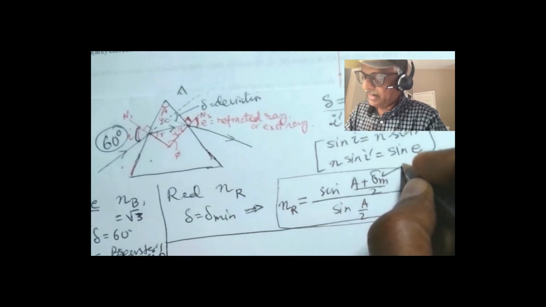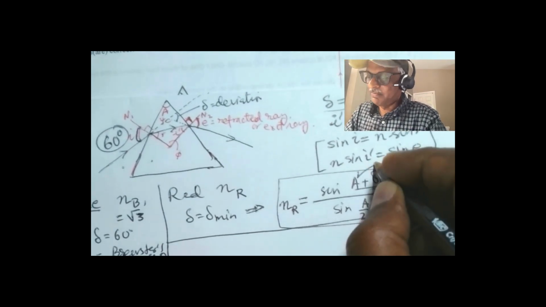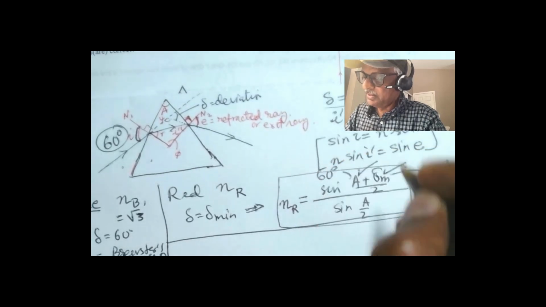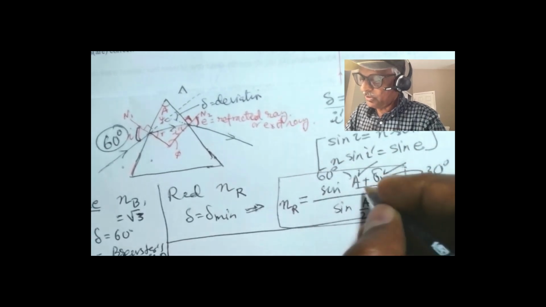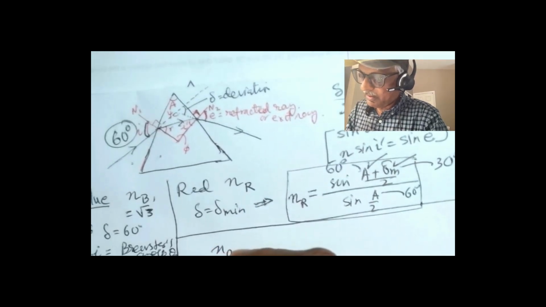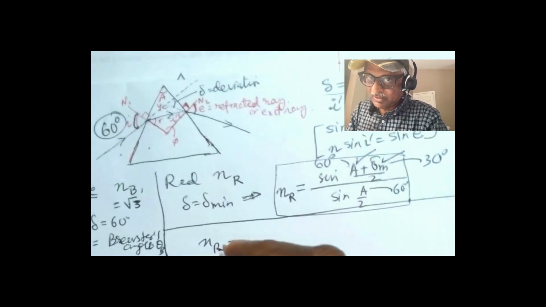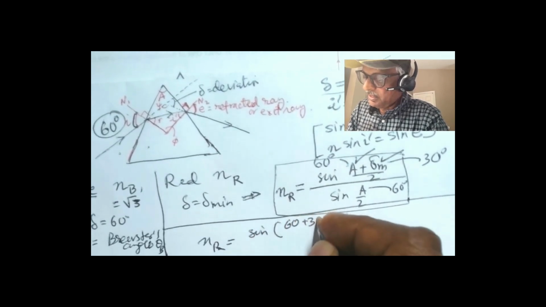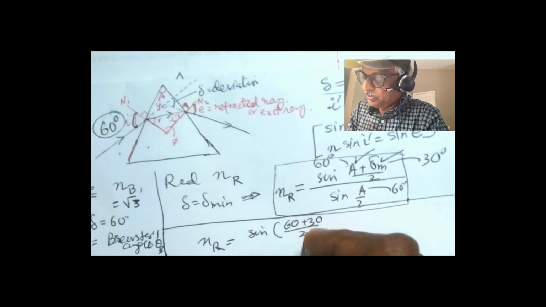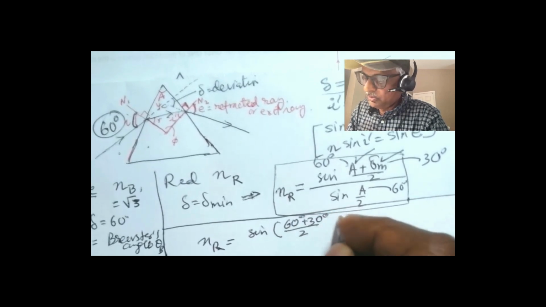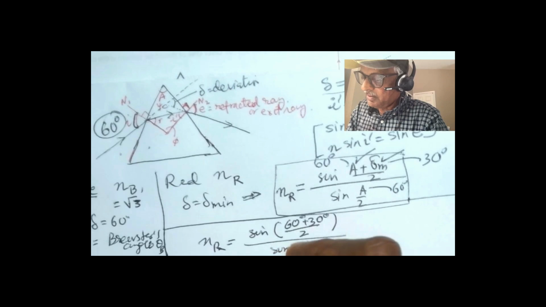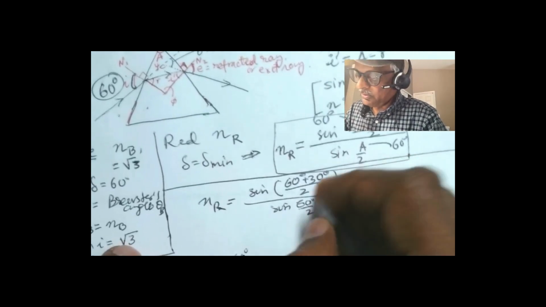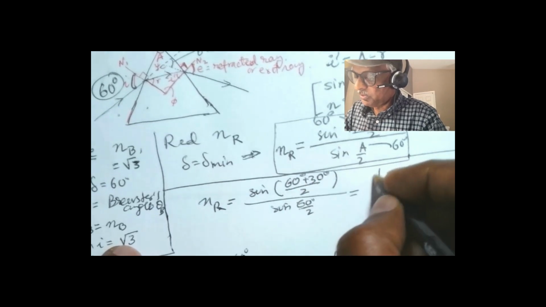I'm given that, and I just found this is 60 degrees. So with this formula, I should immediately do this calculation: sine of 60 plus 30 over 2, and sine 60 over 2, so the sine of 90 degrees over 2.